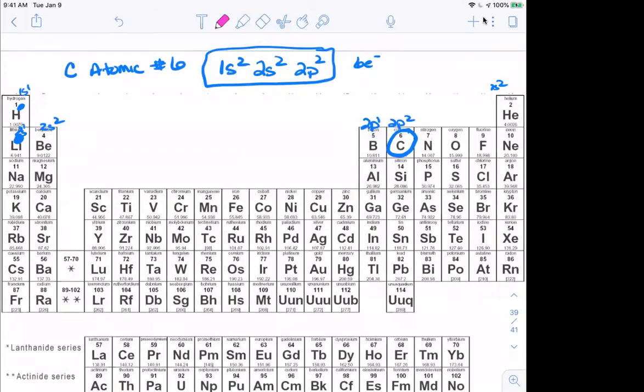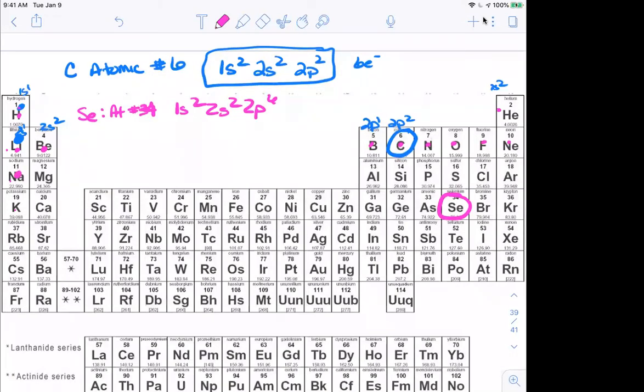If I look at selenium, selenium is down here, right? So this is in row 1, 2, 3, 4. So I could start at the beginning. This is atomic number 34. So I have 34 electrons: 1s1, 1s2, 2s1, 2s2, 2p1, 2p2, 3, 4, 5, 6.